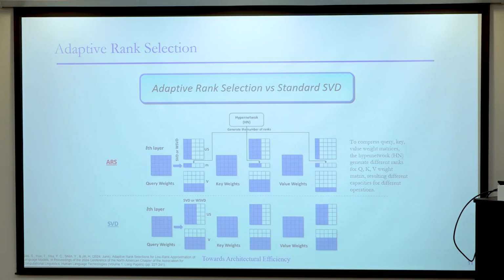Our method uses a module, a neural network we call a hypernetwork, to produce a top-K mask to control the number of ranks. Different operations here can have different numbers of ranks. This also means that important operations or important weight matrices will be allocated more parameters, or a higher number of ranks, adaptively.